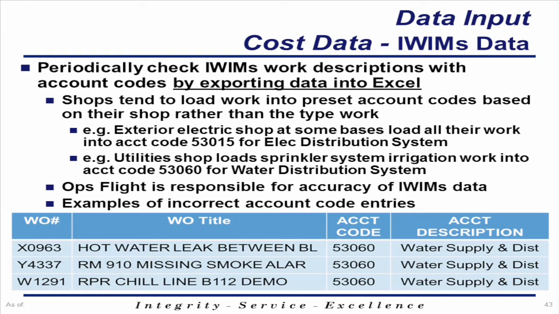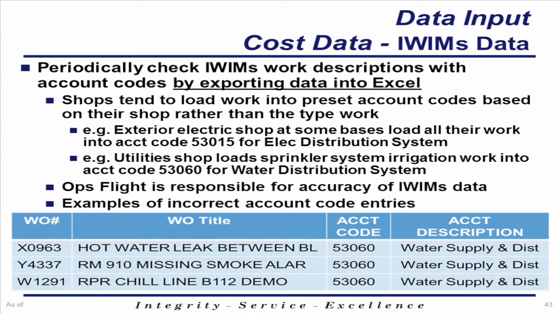However, because he or she is the end user, it is their responsibility to ensure the receipt of accurate utility cost. So working with the ops flight in conjunction with the financial management section will help in obtaining this information. The financial management section also wants accurate data because they use the budget codes for the end of year fin plans and for requesting money for the next year.